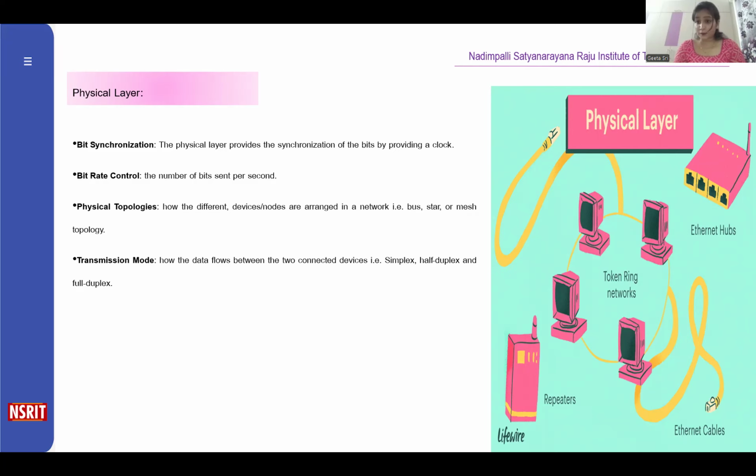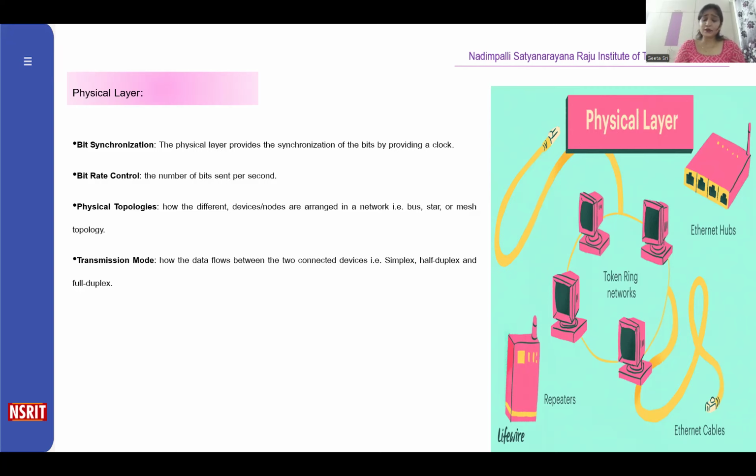They can be connected using different topologies such as bus, star, and mesh. And also transmission mode, that is, how the data flows between two connected devices.